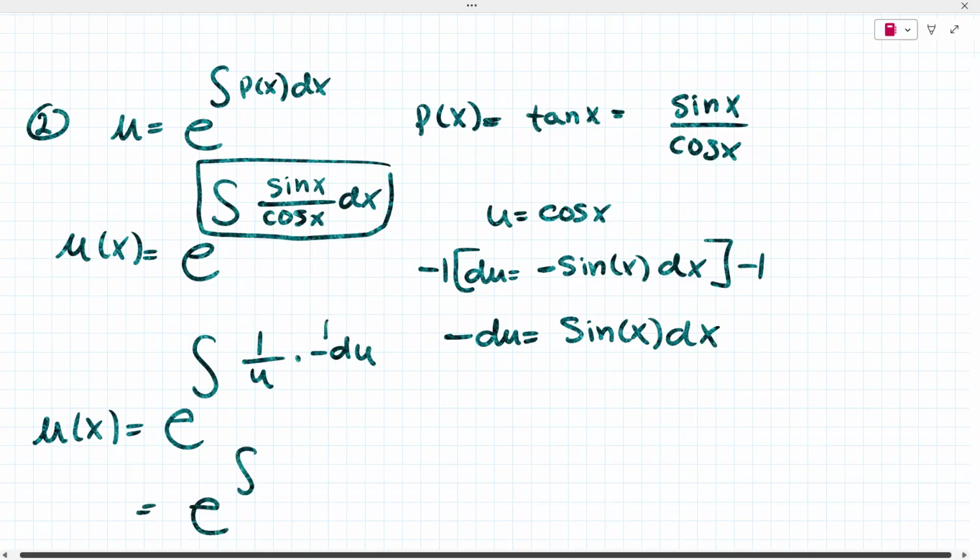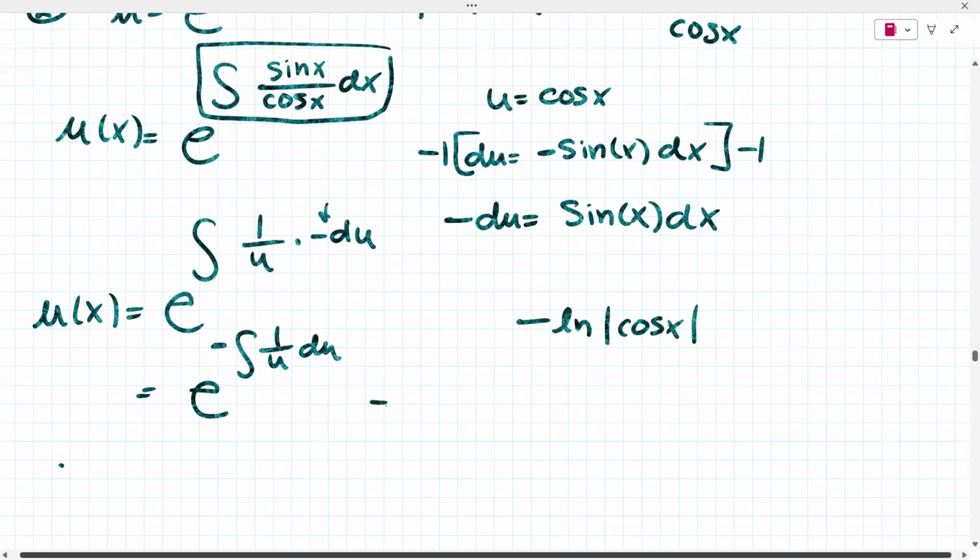And then you have this minus here, so put that in front. And what's the integration of 1 over u? It's ln of u, which is cosine of x. Then you have a minus here.